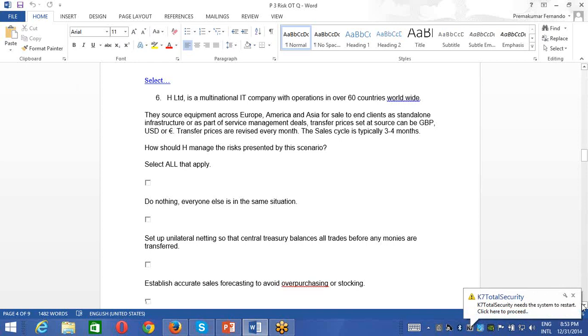Central treasury can see the overview. There's money in the sterling account in the UK, and one of our other subsidiaries has to pay some sterling. So the central treasury will say you transfer it. So you do netting before the monies are transferred to your home country. That's a good thing to do.